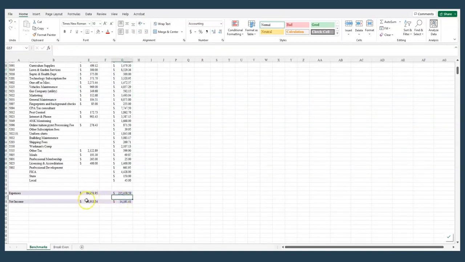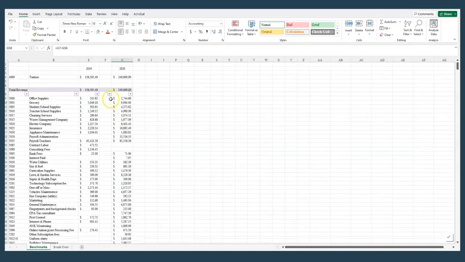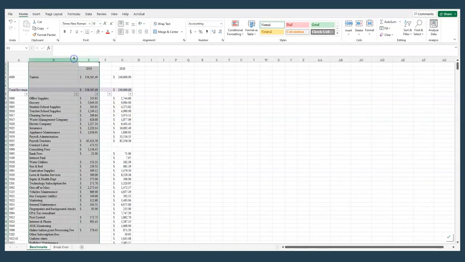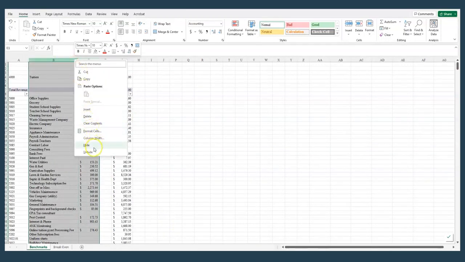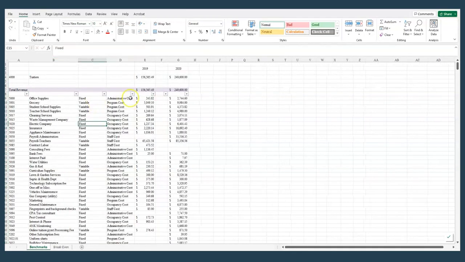That gets us to our total net income. The first thing I usually do is insert a few lines in this worksheet and add whether or not these expenses are fixed or variable.